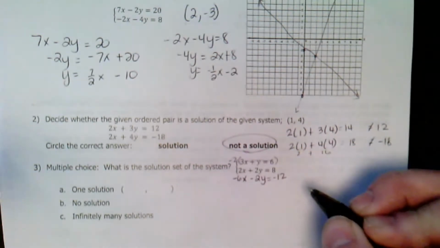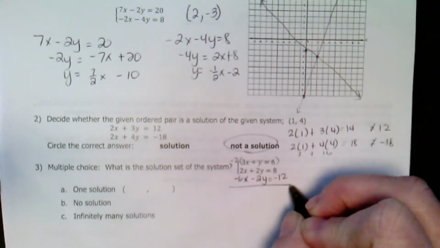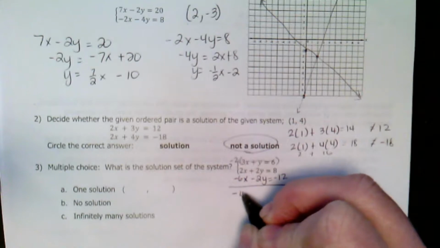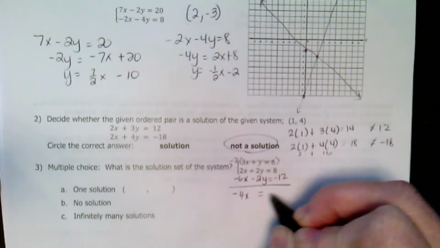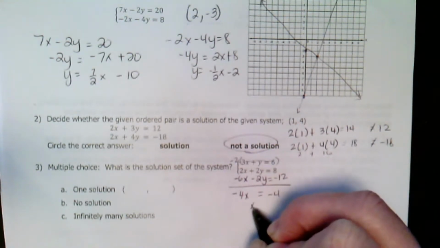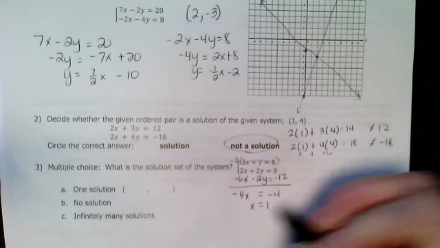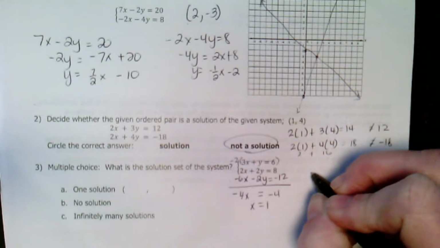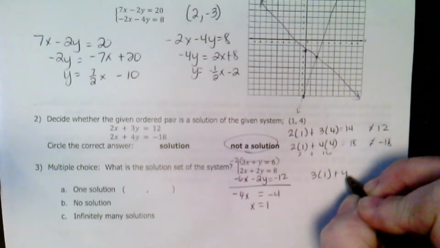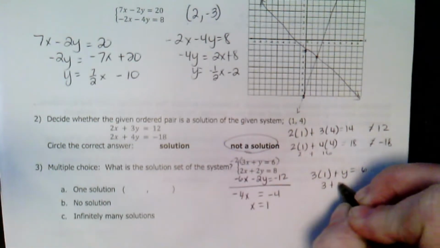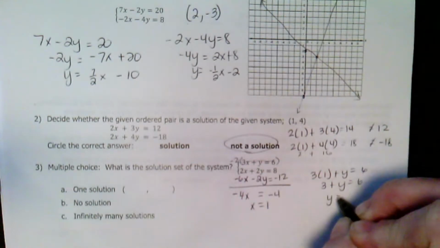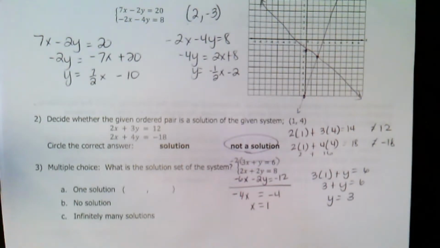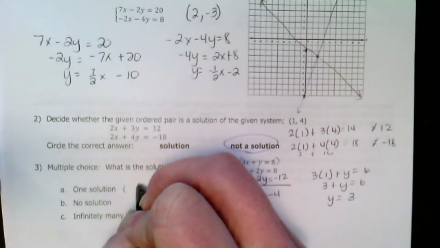Alright, so that one is now this one, and then go from there. That canceled out that one, so I get x is 1 for this, and then to find my y I can just plug it back into an original equation. And I get 3 for my second. So my answer is 1 and 3.